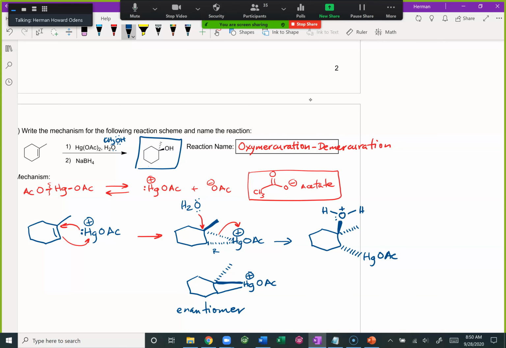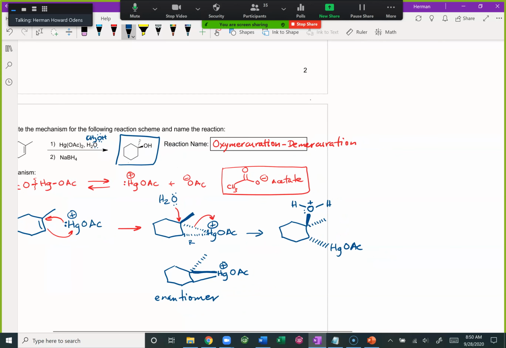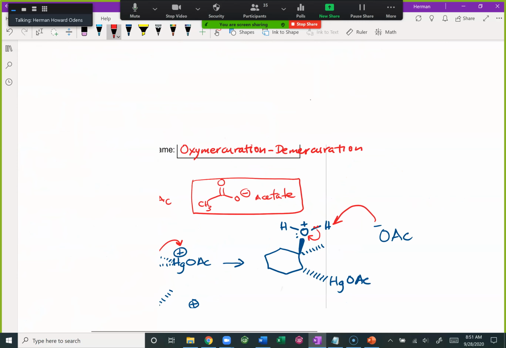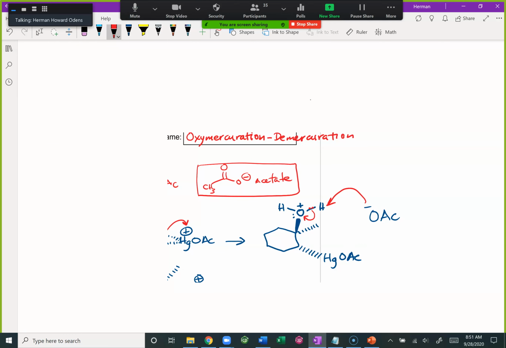All right. So now this molecule is unhappy. You deprotonate. The acetate group comes and grabs this acidic H, and these two electrons on this bond are transferred towards the oxygen.